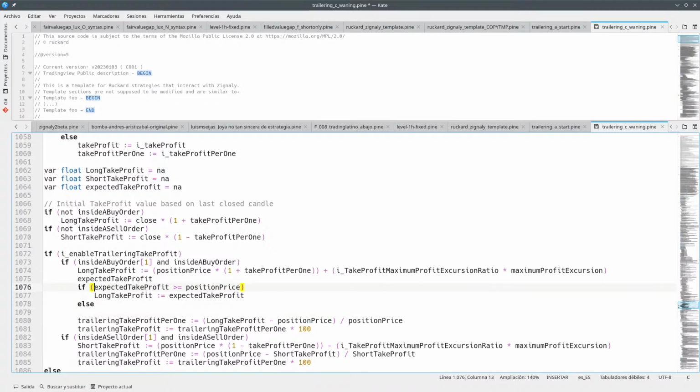Otherwise I need to use some other value. That's what I'm not sure what to put here.